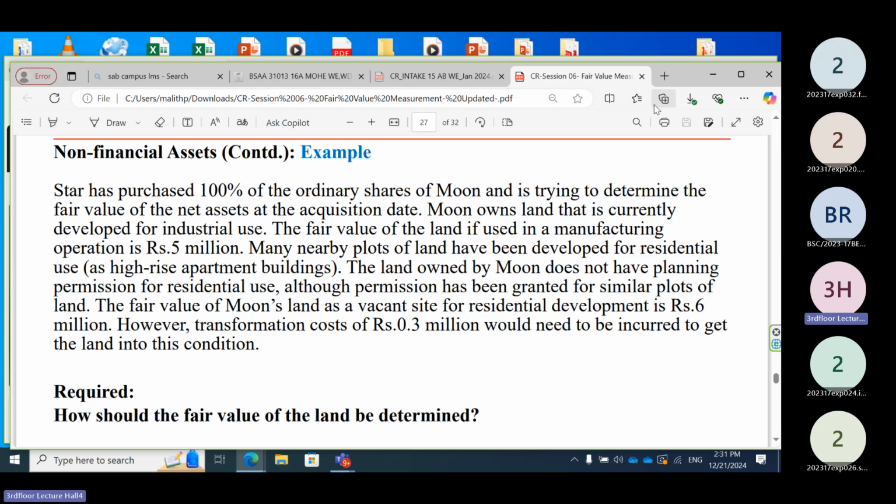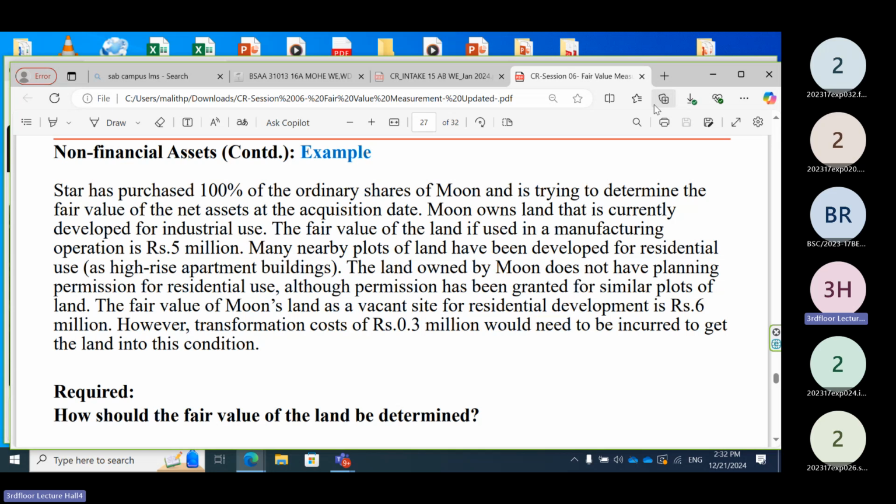So this is a question that can be tested in the exam. You need to decide the highest and best use. For manufacturing purpose, the fair value is 5 million. For the other purpose, 6 million minus 0.3.